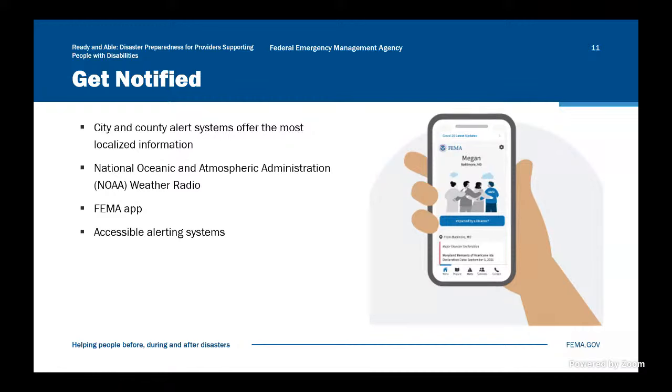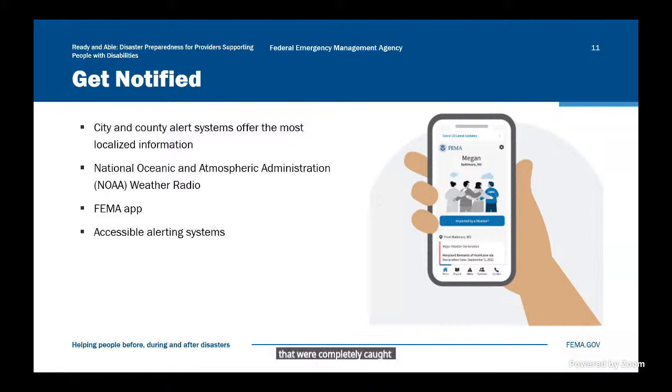And it's to get notified. I always emphasize this step as the most important one because it's literally your life and safety that depends on it. The people I talked to in the community that were completely caught off guard by major hurricanes or flooding, they didn't have emergency alerts set up on their phones.